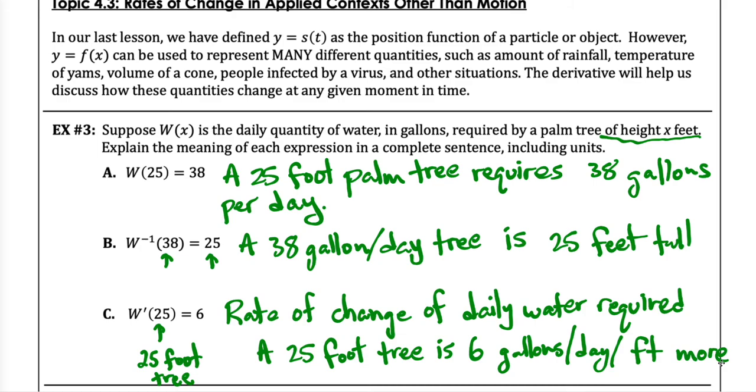Because you want to change it by the variable you're using. And our variable on this one is feet, how many foot tree. So whenever you take the derivative, it's going to be divided by the variable information. This one is purposely set up to sound weird. It's like increasing 6 gallons per foot, or 6 daily gallons per foot.